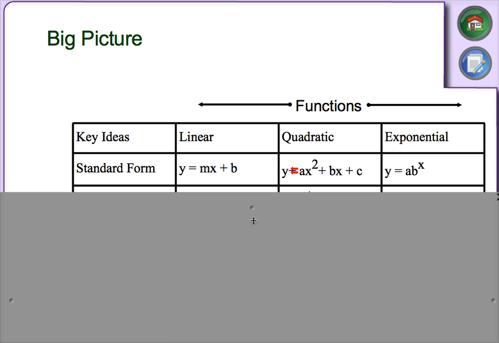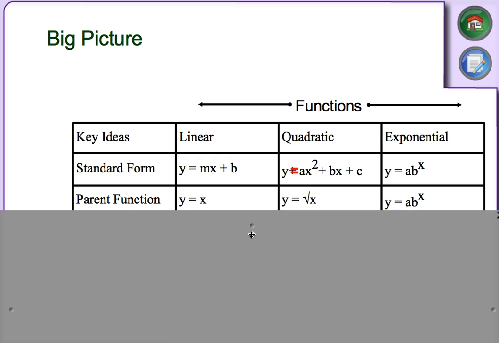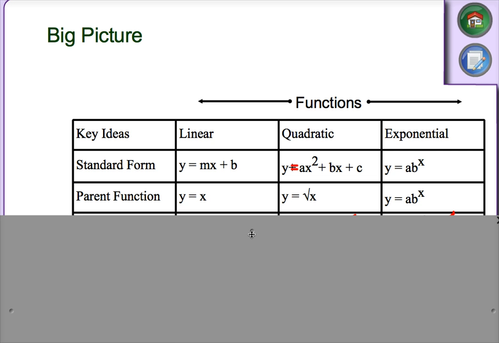Each of these models of functions have their own parent function, the simplest way you could look at these equations. Parent function for linear is y equals x. For quadratic, y equals the square root of x.